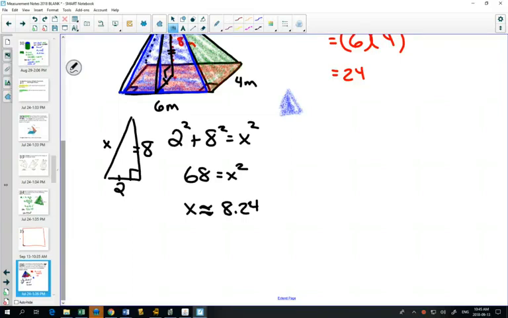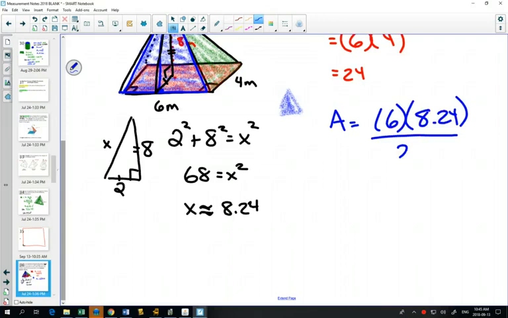And so now I can figure out the area of my triangle to be base times height, divided by 2, which is approximately 24.74.